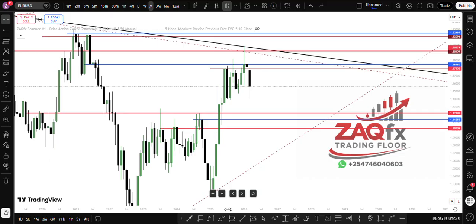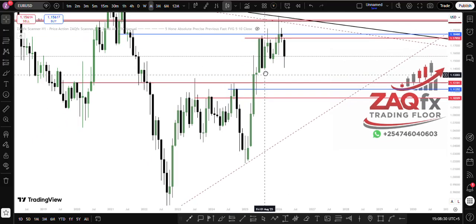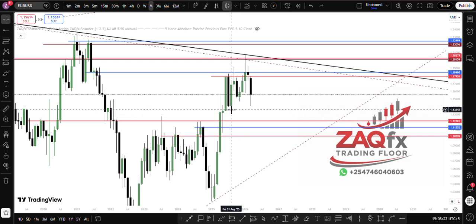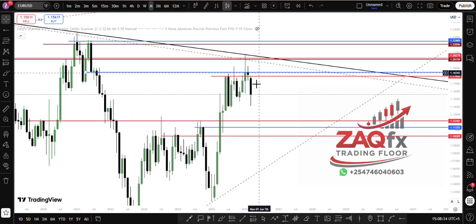Let's take a different color for the monthly chart, and then we do the trend line. With the trend line, we have the upper line and the lower line. Since we are looking at the lower line level, let's just do two touches. We have one, and then we have two, then we just draw. So we have already broken the trend line on.